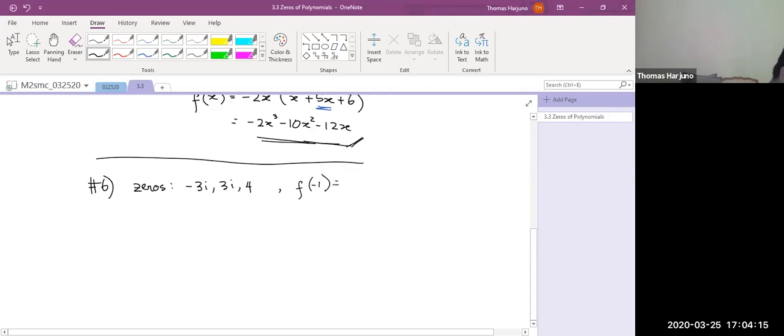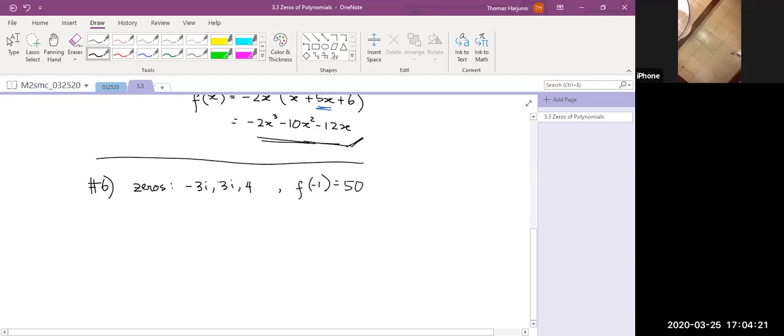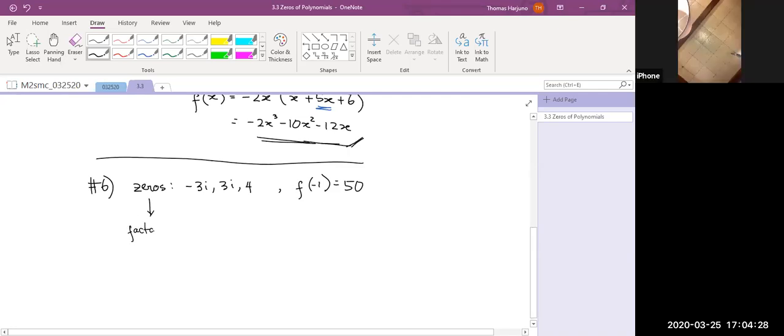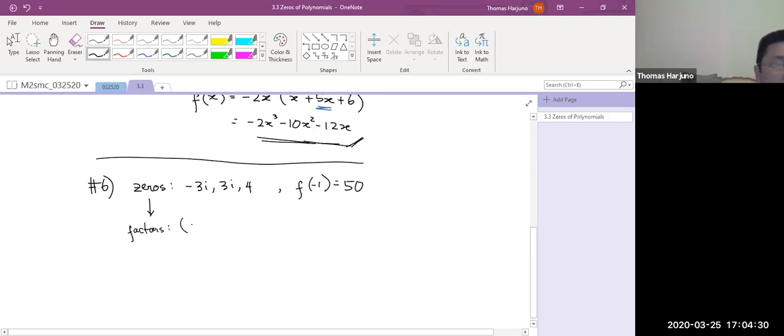You can use any number for this except 0. From the zeros here, we get the factors: x plus 3i, x minus 3i, x minus 4.